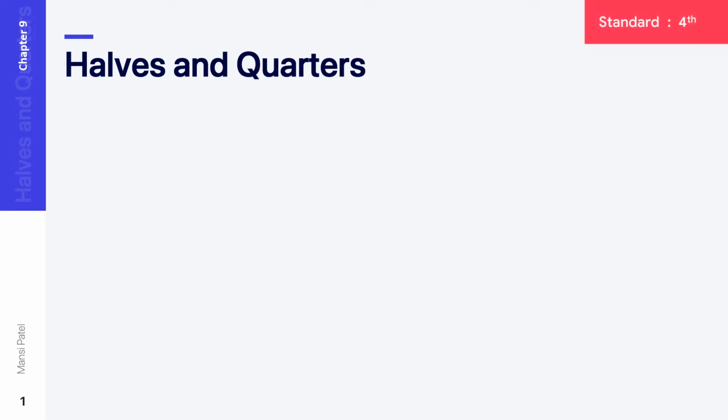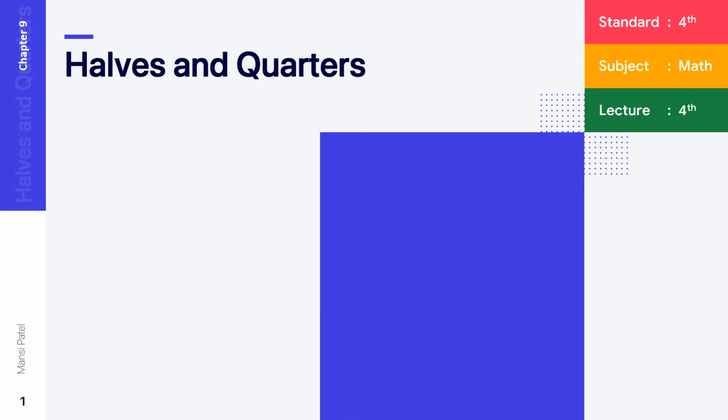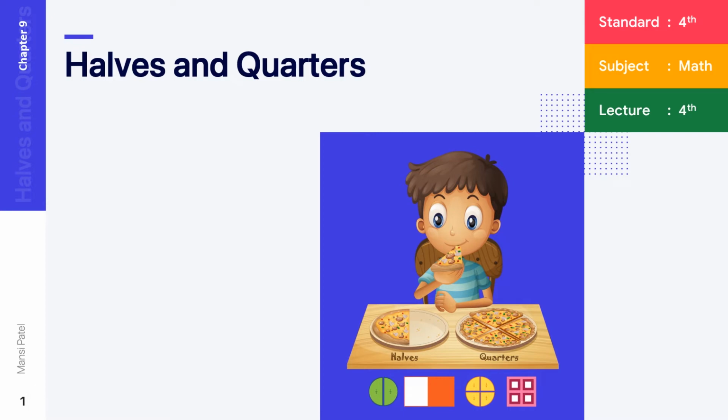The name of our chapter number 9 is Halves and Quarters. In our previous lecture, we studied what a fraction is and how we read a fraction. Now with the help of that knowledge, today we are going to see a new topic about fractions.